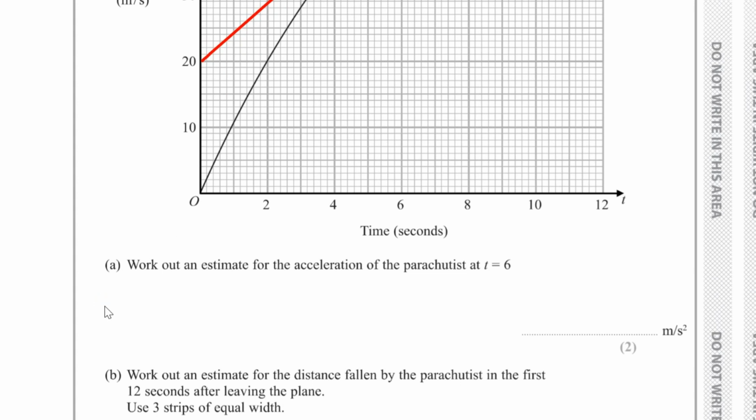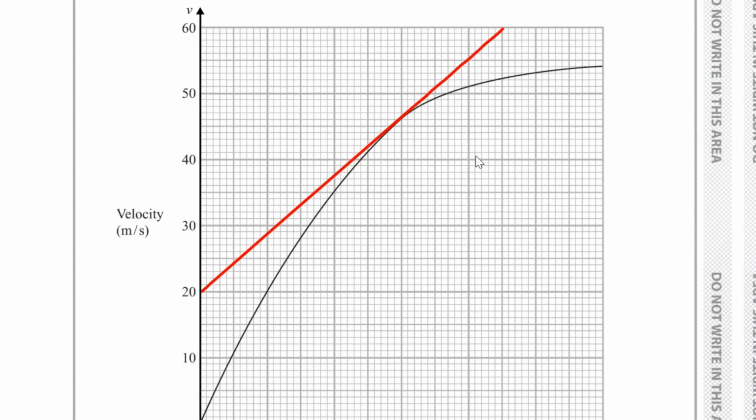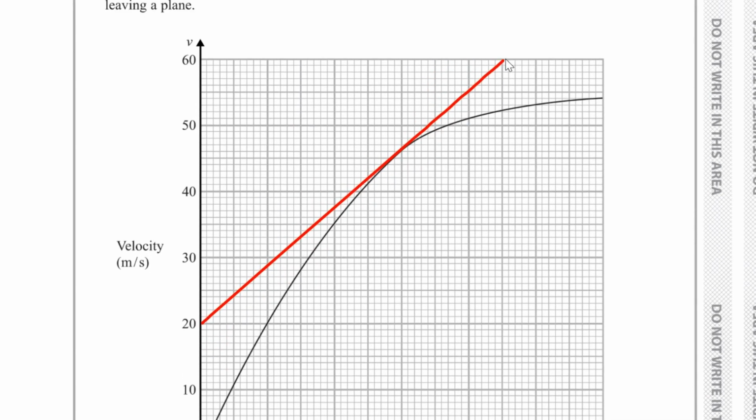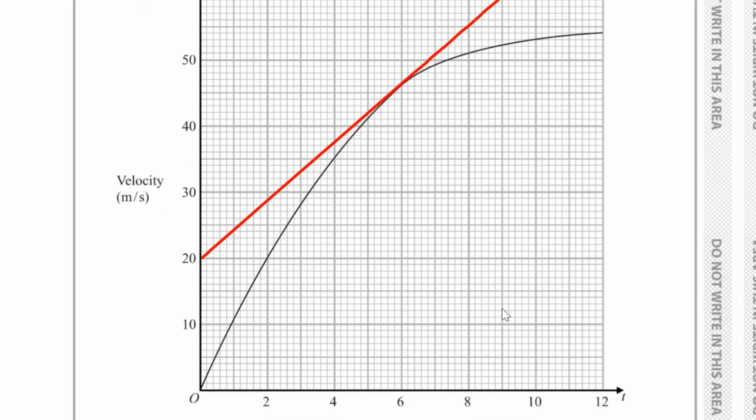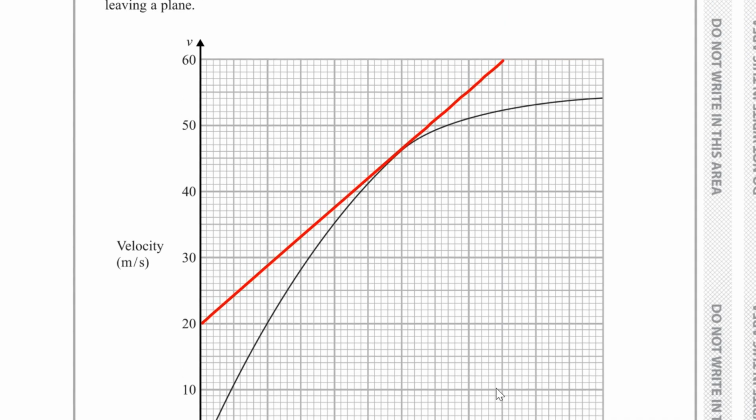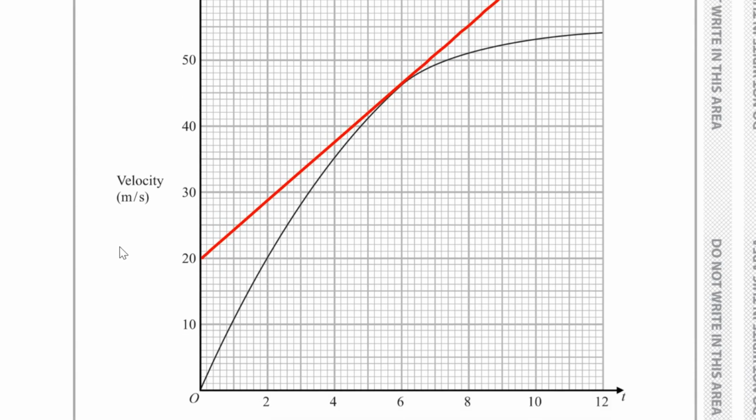So for the gradient, here we've got the change in y. This point is going to be 60, and the corresponding x coordinate is 9. So here we've got 60 and then 9, and then here we've got 0 and 20.